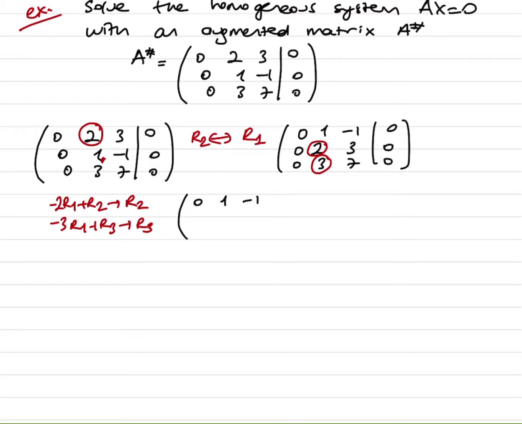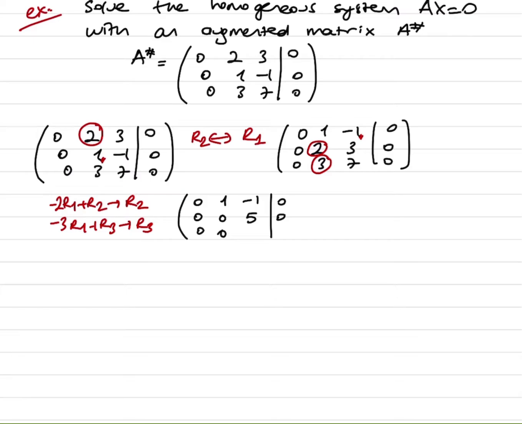Okay, 0 1 -1 0. So 0 0, we multiply by -2 times -1, it is plus 2, so we will have 5 here. We always have 0 there.